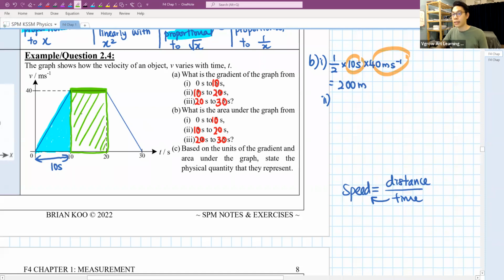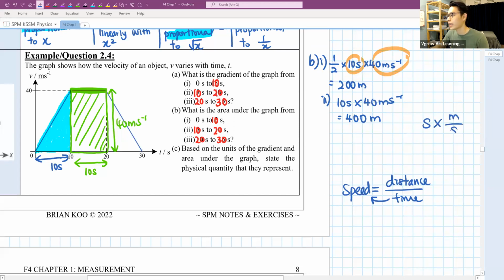So the base here is 10 seconds. The height here is 40 meter per second. Rectangle, very simple, just base times height. I'll get 400 meters. Second multiplied by meter over second is meter.